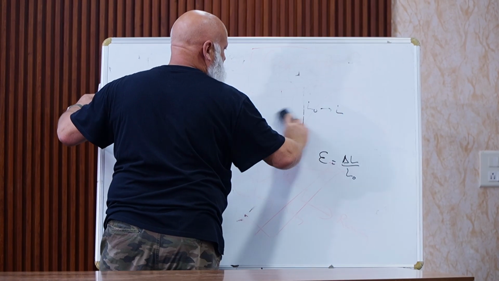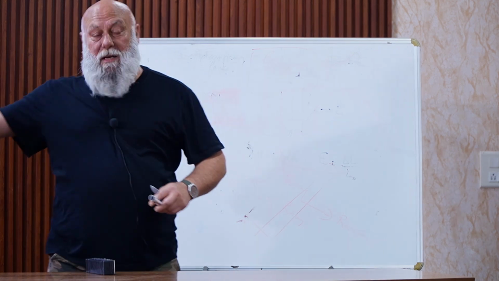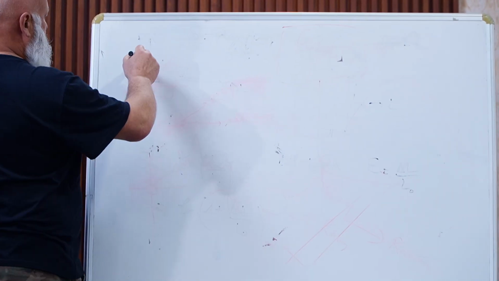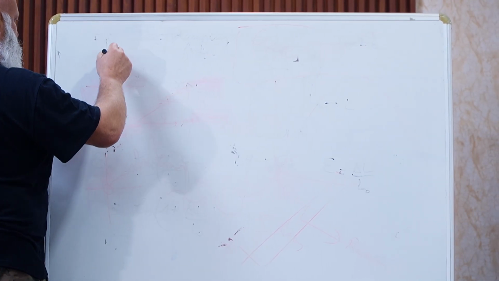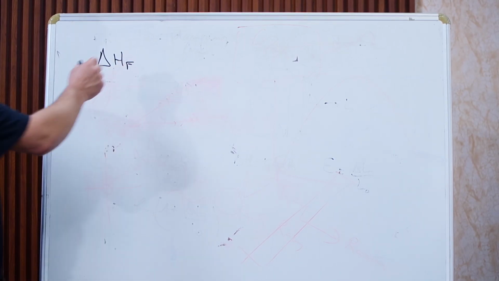Sorry, I'm using the whiteboard because I was hoping to finish my slide, but yesterday I didn't have enough time. Yes, the enthalpy of fusion or of crystallization, so it's in joule per gram.